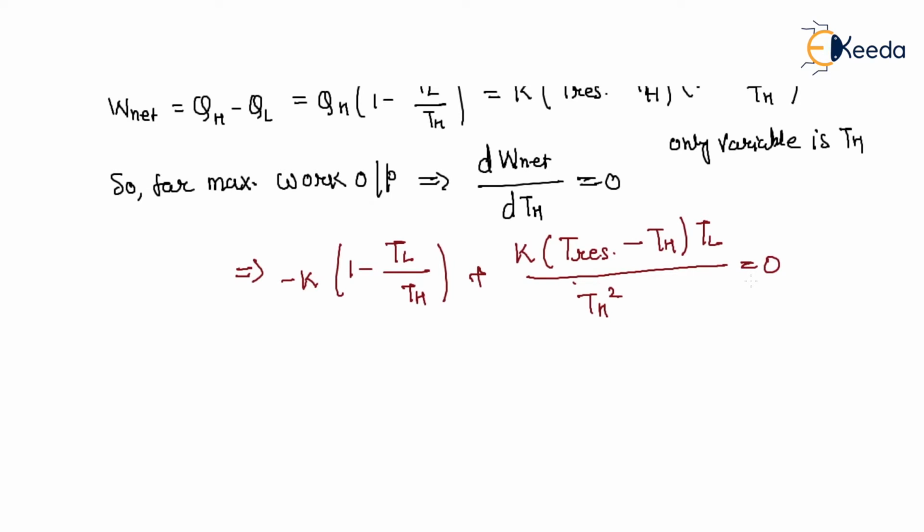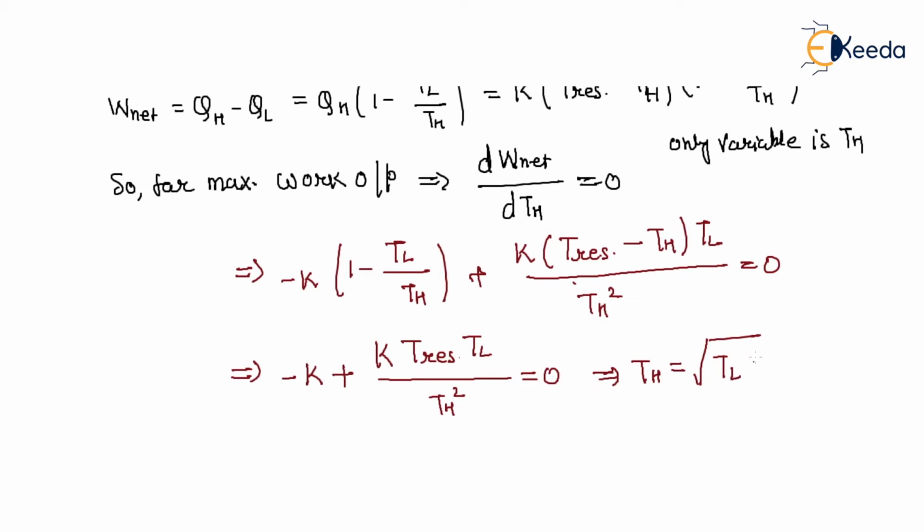So you may write like that after rearranging: minus K plus K T reservoir into TL divided by TH square is equal to 0. So what is TH? TH is equal to square root of TL into T reservoir.